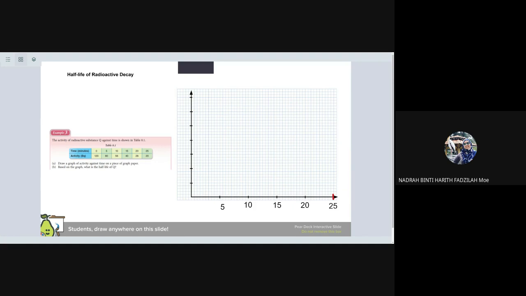And then another scale is... And don't forget to include the unit for each axis.